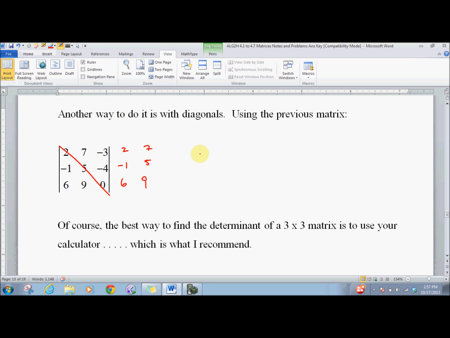This diagonal, 2 times 5 times 0, plus this diagonal, 7 times negative 4 times 6, plus this diagonal, negative 3 times negative 1 times 9, minus the whole other side.